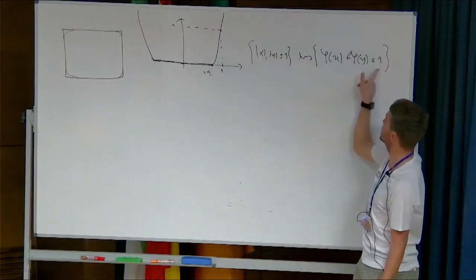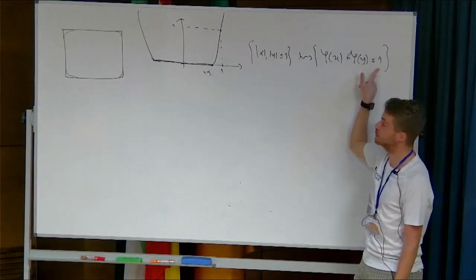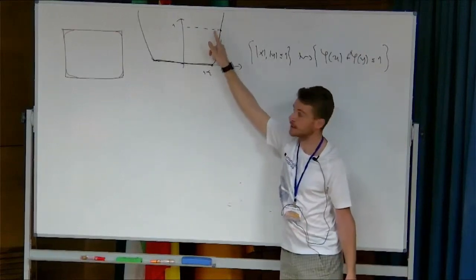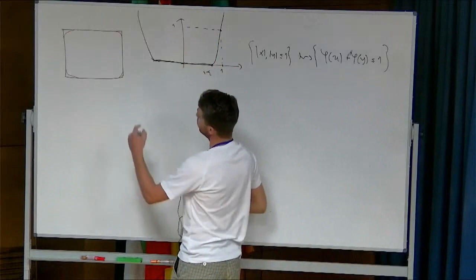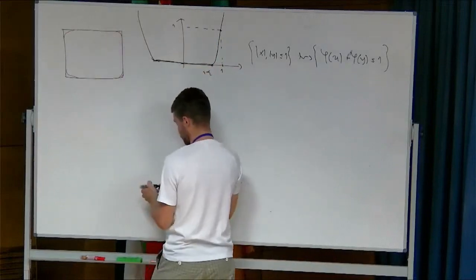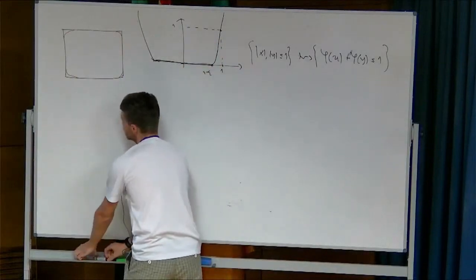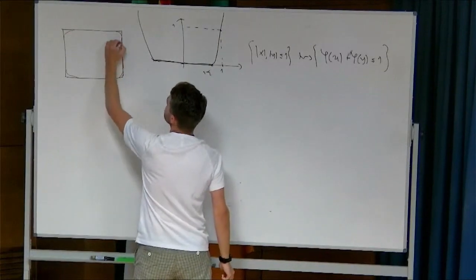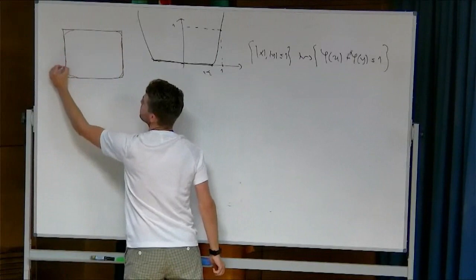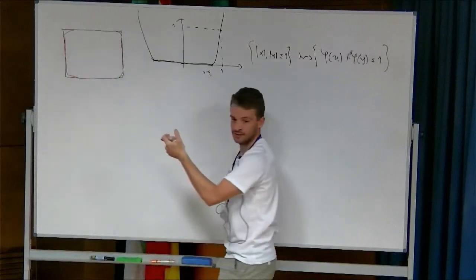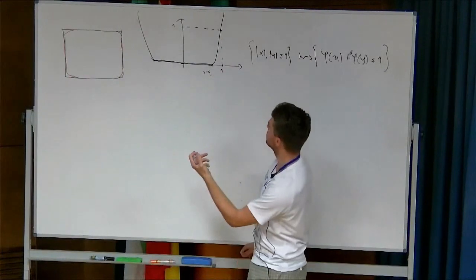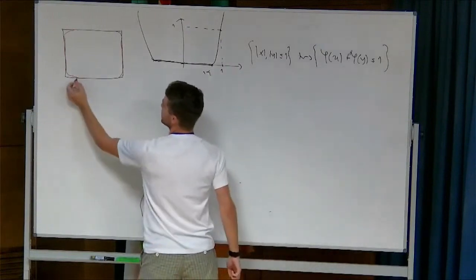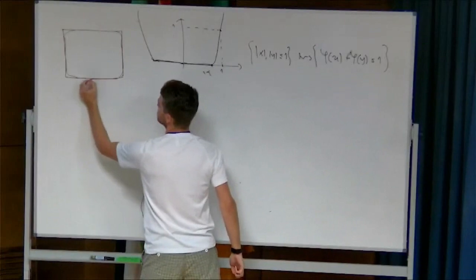So this is phi of x less than 1. But phi of x less than 1 means x between minus 1 and 1. So if y is small, it means that I should be using the red. Y small means that I'm on this line. So the unit ball contains this piece, and also this piece by the same argument, switching x and y.